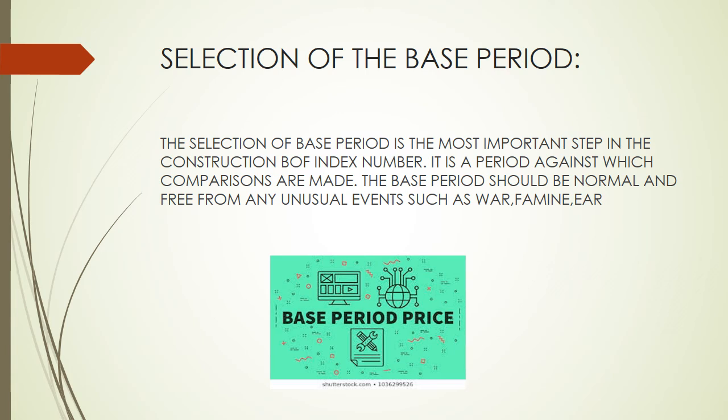When we take an example of 2020, we can go with 2015 as the last limit. We can't select 2020 with 21, right? So the base period we select should not be too recent or too old, and also it shouldn't be affected by any unusual events such as war, famine, earthquake, boom, flood, etc. So we have to be more conscious in selection of the base period.